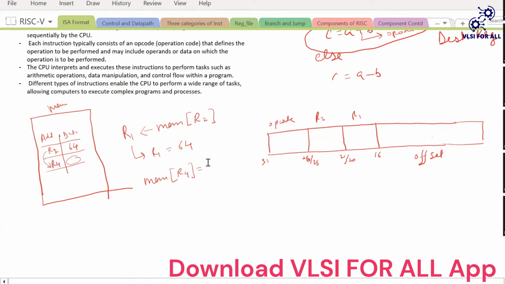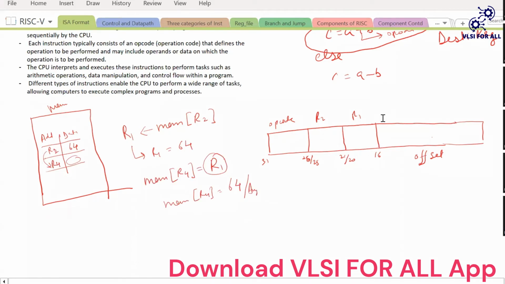Fine. And we will put the value of R1 here. It's not necessary that it is R1, it can be any data also, which we are getting calculated from the ALU or from the register file we are taking. Fine. So mem of R4 will become here as 64 or any data.